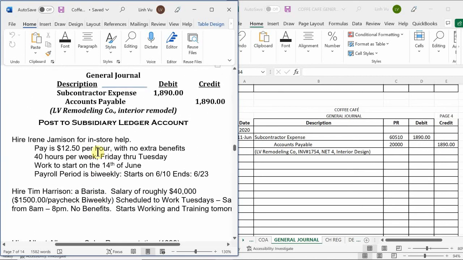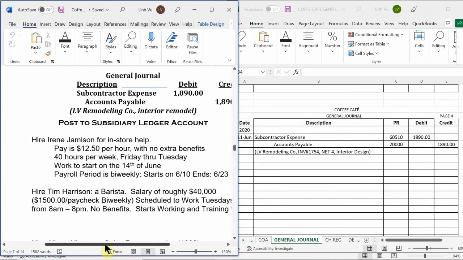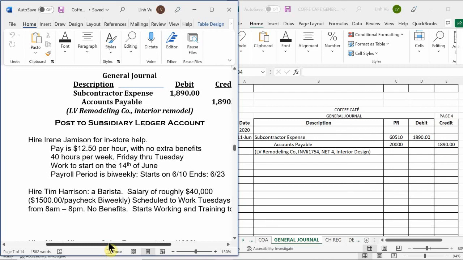Okay? So now we finally hired some employees. The first person we hired is going to be Irene Jameson. She's going to be for the in-store help, so the person who's running the cash register. Maybe the person that's running back and forth to get everything ready for the coffees. So again, Irene was hired to do the in-store help.